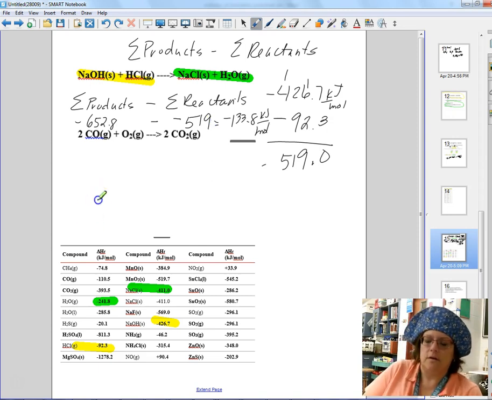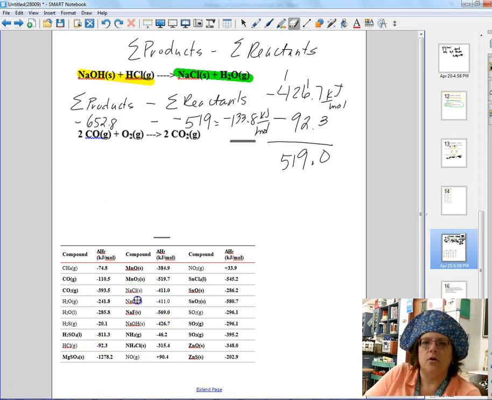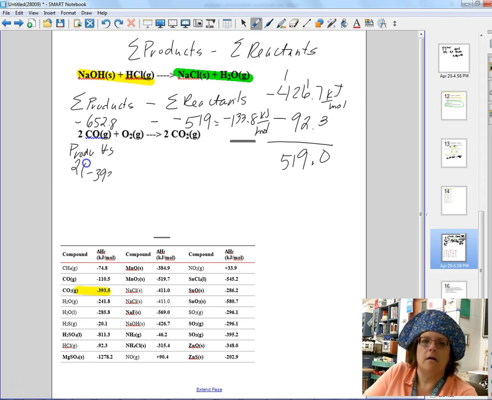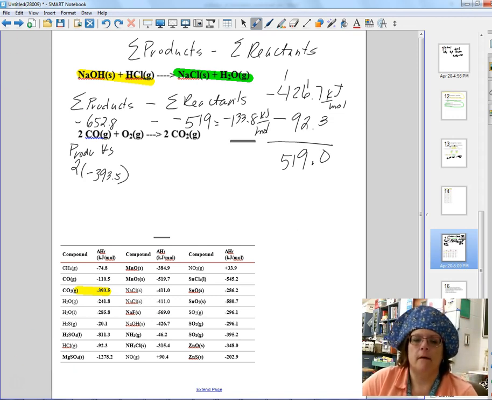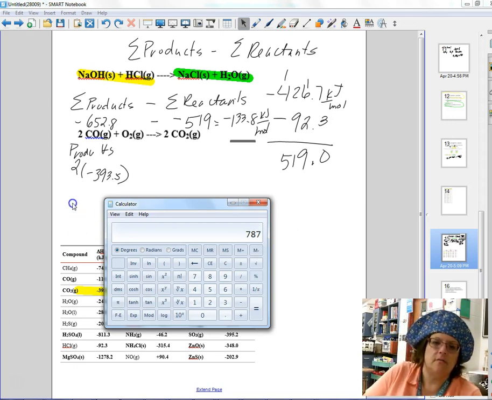Okay, let's try the next one. We've got 2 carbon dioxides in our products, so we'll start with products. 2 carbon dioxides, carbon dioxide right here, negative 393.5 times 2. 393.5 times 2 gives us negative 787.